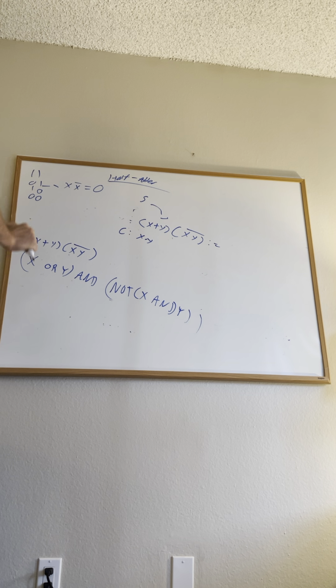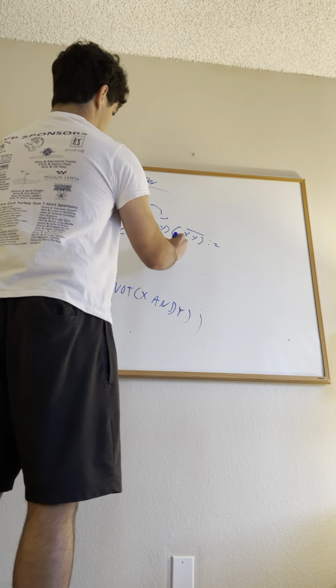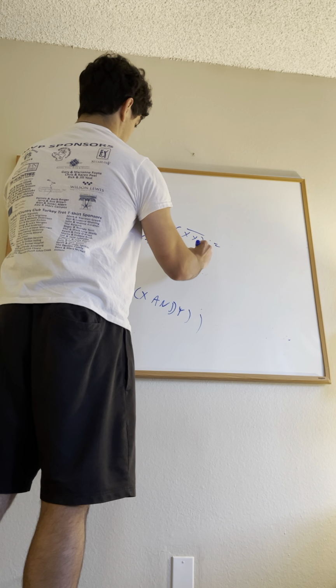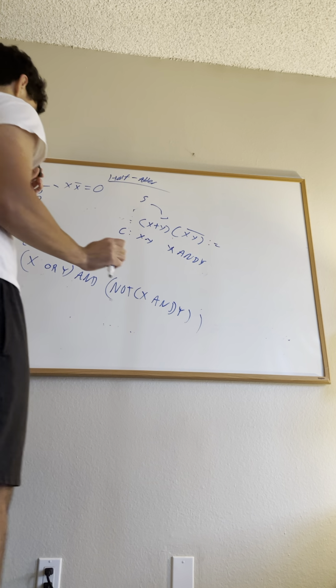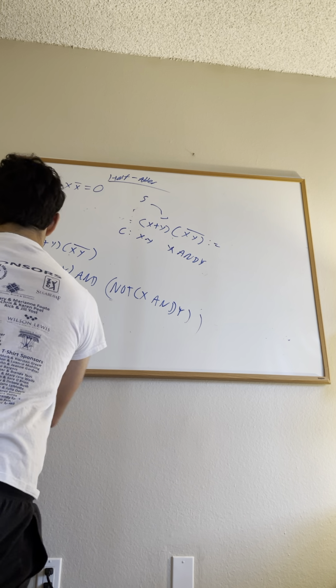And so now we want to put this in a circuit. And then this one is just saying x and y. Okay, so let's go ahead and build our circuit.